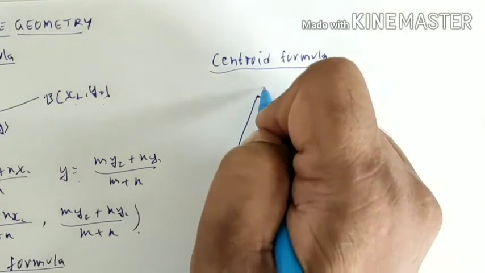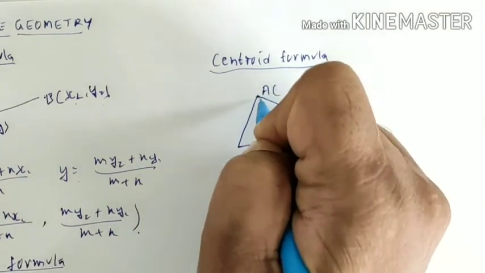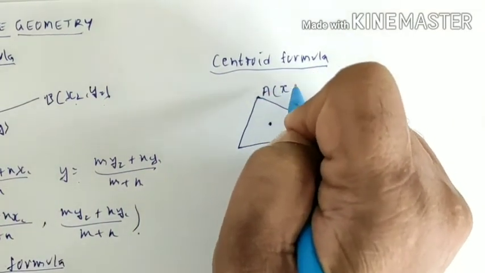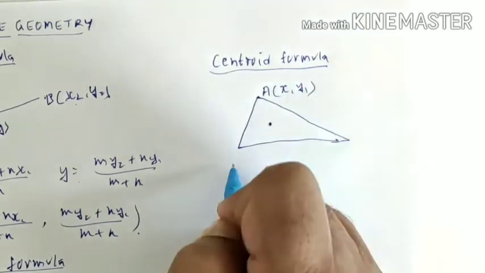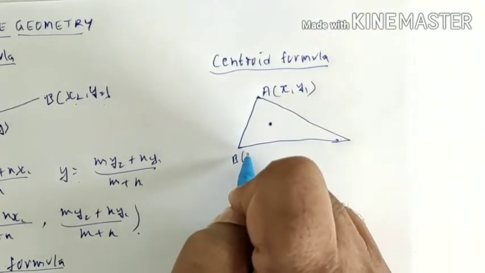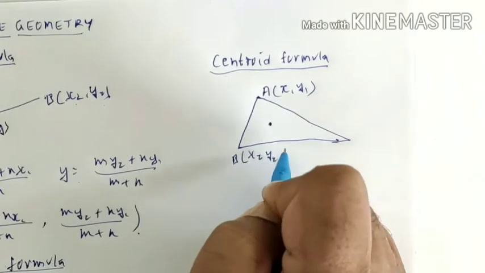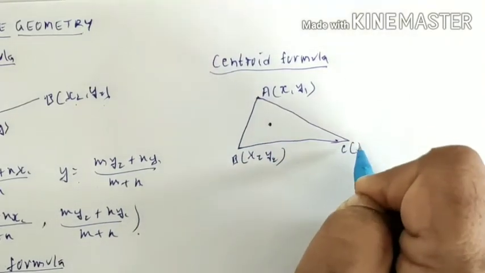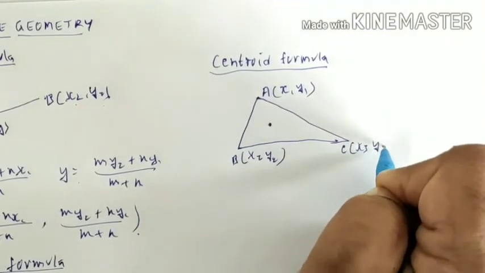Now suppose this is a triangle. The vertices of triangle are A x1 y1, B x2 y2, and C x3 y3.